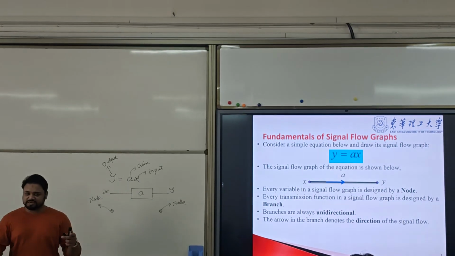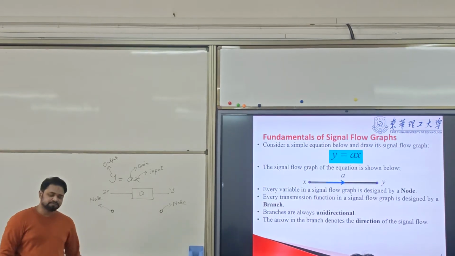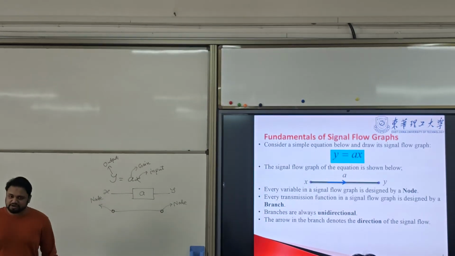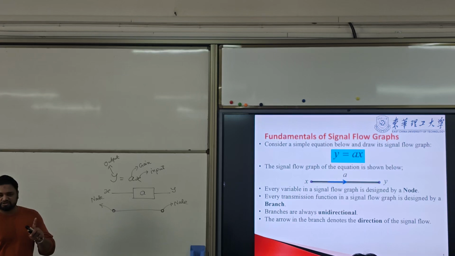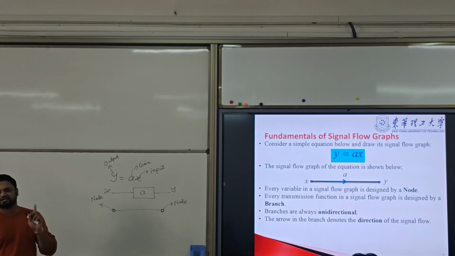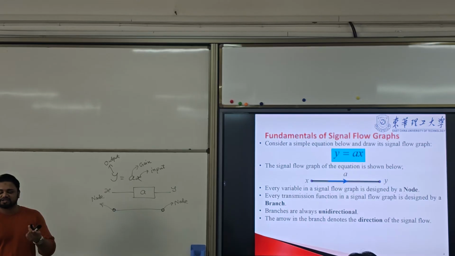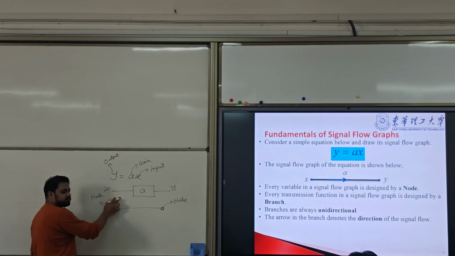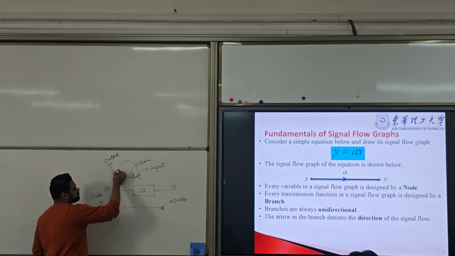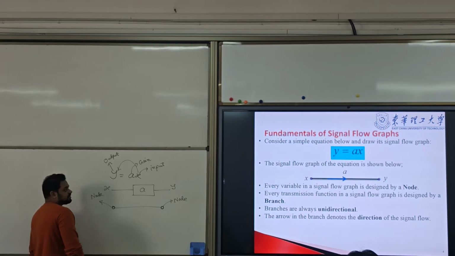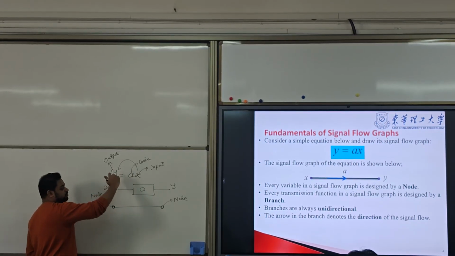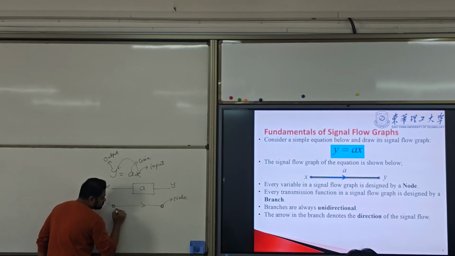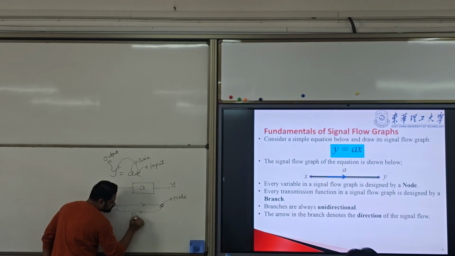Then how does the signal flow? The signal flows through a branch. And each branch has one direction. All the branches are unidirectional. For this equation, the signal is flowing from x to y, input to output, so the direction is forward. This we call a branch.